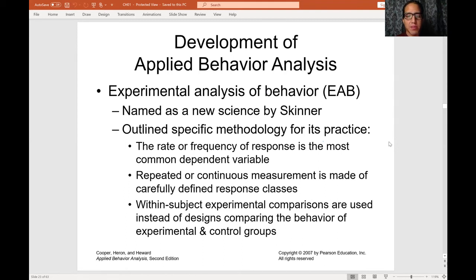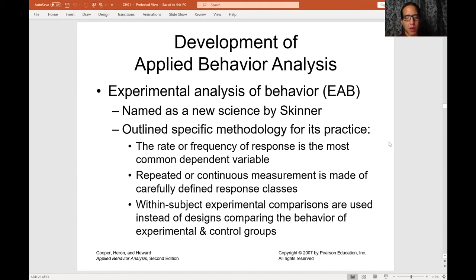Skinner established the experimental analysis of behavior, and he outlined the methodology for the practice of it. He looked at the dependent variable as the rate or frequency of a response, right? How many times does the person, the pigeon, the organism engage in this behavior across time, when I'm changing all these independent variables here and there?